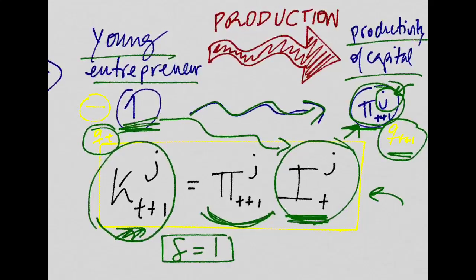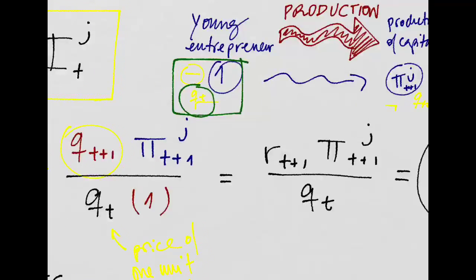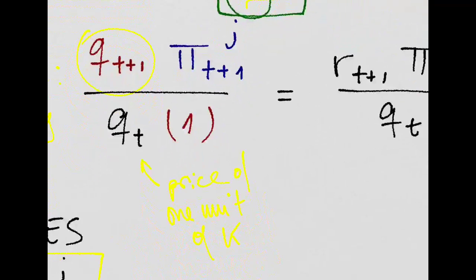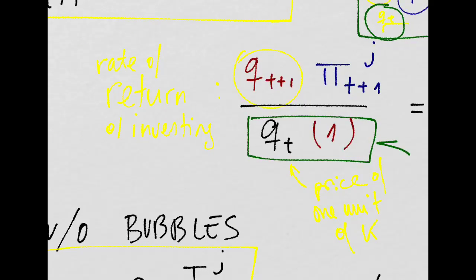And we assume that basically, capital depreciates fully in every period, so you cannot keep track of capital from the past. Now, very importantly, if you buy 1 unit of capital and you pay QT, so basically this is the price of 1 unit of capital, QT, and you put that in the denominator, so this is the cost of getting into the production process.